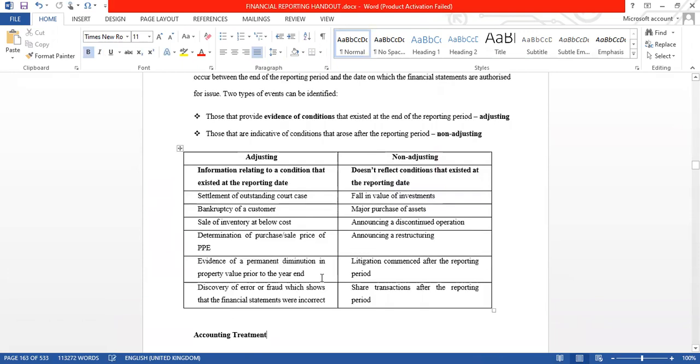All right, so these are some of the examples that you see here. Take your time and look at them because I'm going to ask questions.